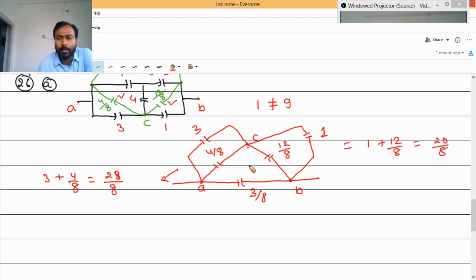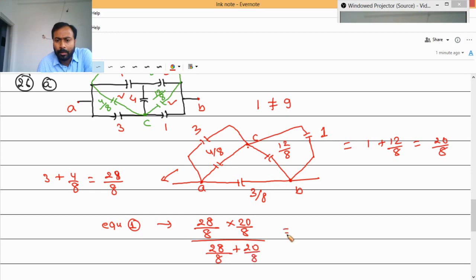Now these two parameters are in series, so their equivalent, which I am writing as equivalent 1, will be 28 by 8 into 20 by 8, divided by 28 by 8 plus 20 by 8.